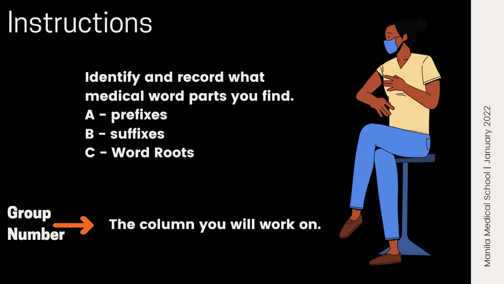Okay, so I want you to pick a number 1, 2, or 3. That is going to make more sense when I change the slide. So you're going to work on column 1, 2, or 3 for this activity. And I want you to record prefixes, suffixes, and word roots that you find within your column.